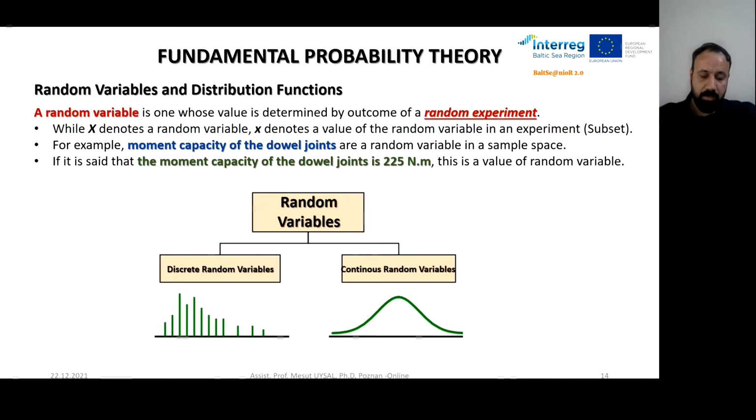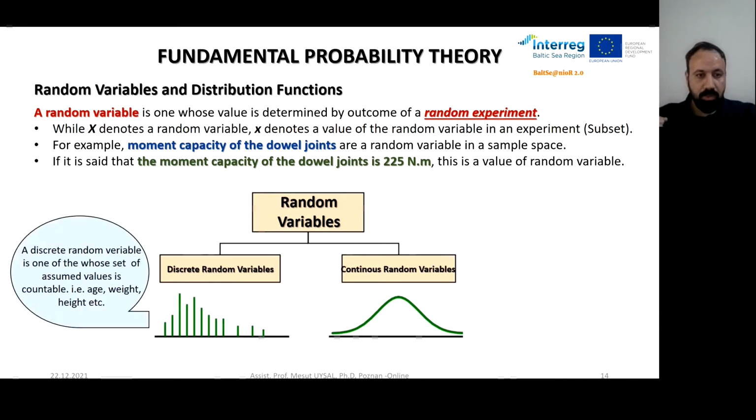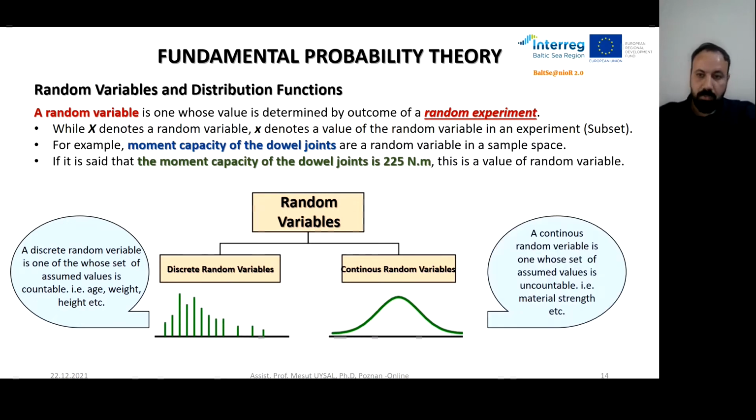So we have two kinds of random variables: discrete random variables and continuous random variables. Let's look at what they are. Discrete random variables come from countable values, for example age, weight, height, etc. Continuous random variables come from uncountable values, such as material strength.